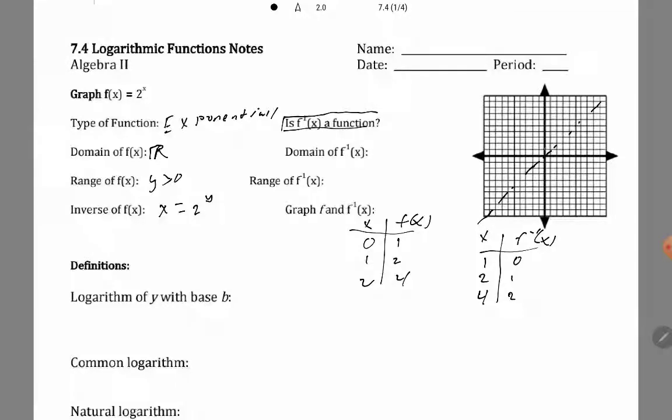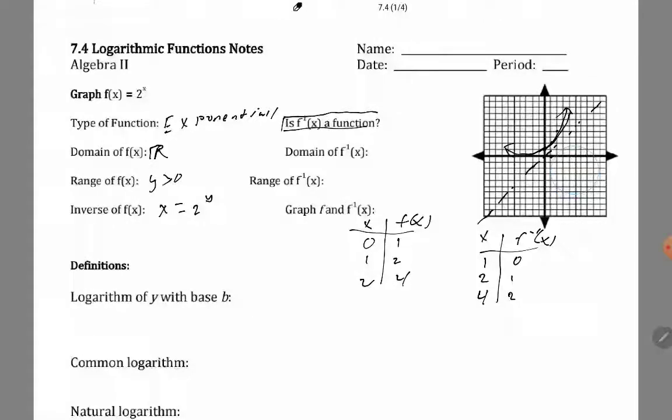0, 1, 1, 2, and 2, 4. And what's going to happen is you're going to get something that looks like that. And then if we reflect it over this, we'll get 1, 0, 2, 1, and 4, 2.